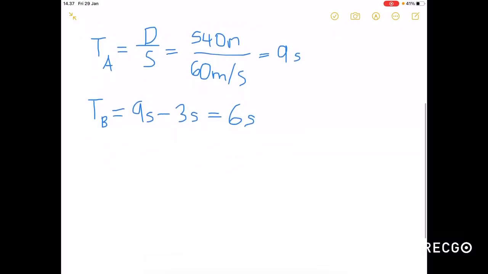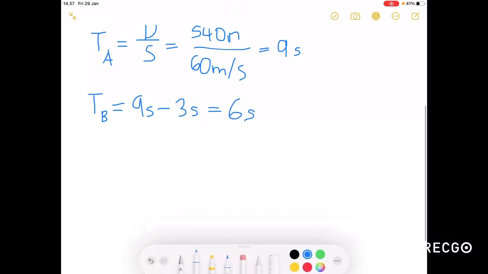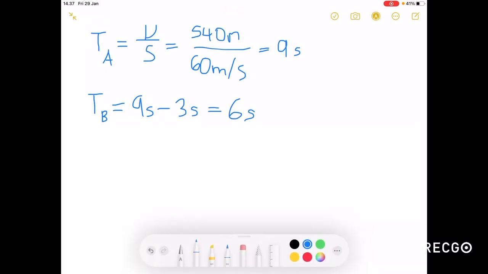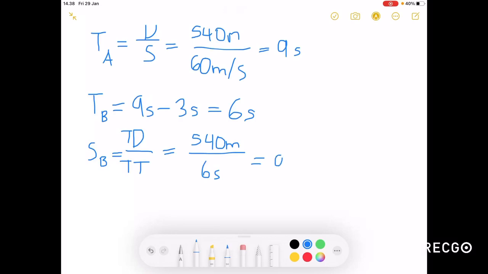So after you reach this point, you're pretty much good to go. You only need to find the minimum speed for car B. This is just the total distance traveled over the total time. So our total distance will be 540 meters, our total time will be 6 seconds, and this will be 90 meters per second.